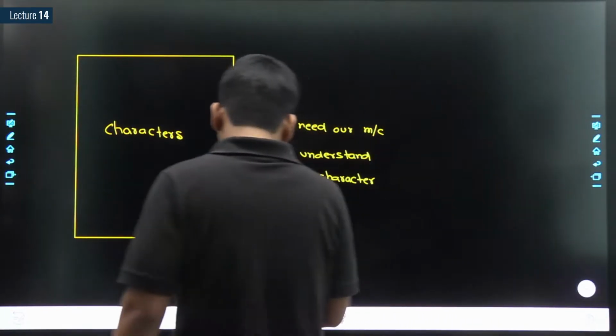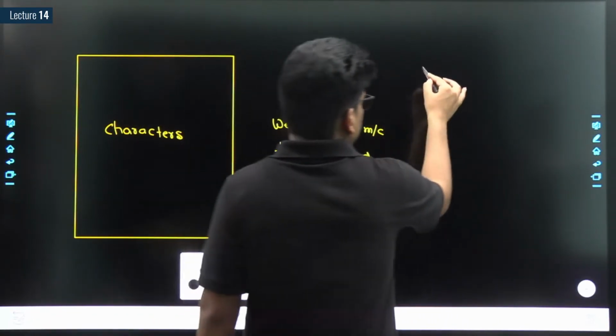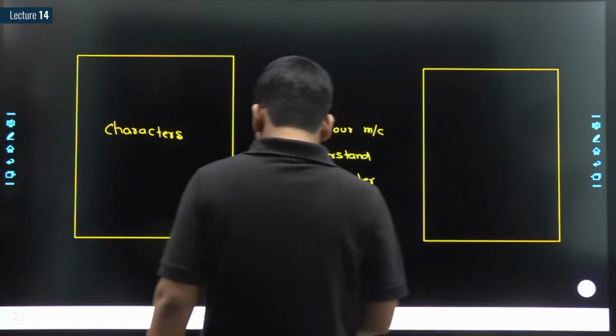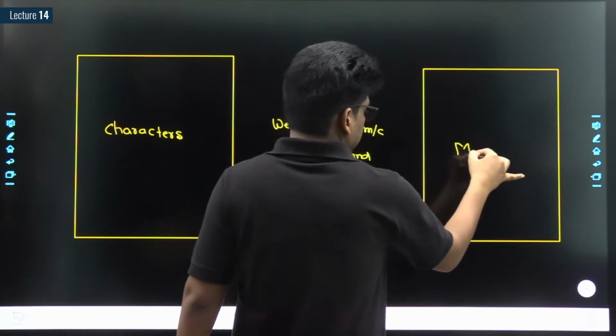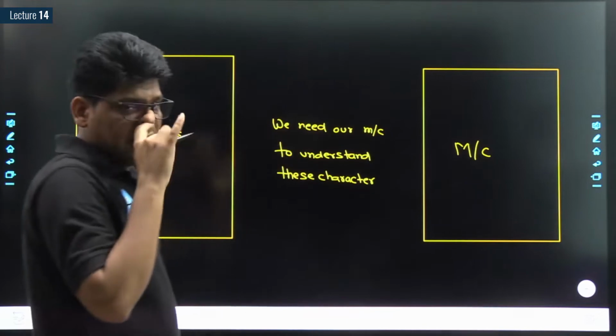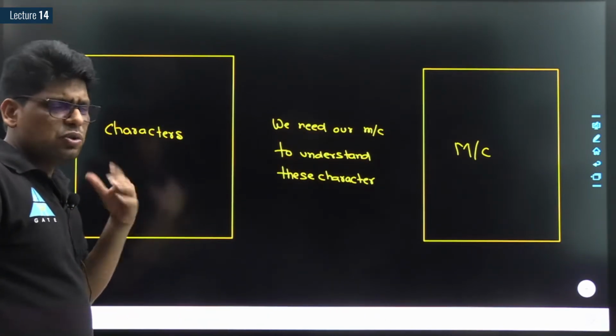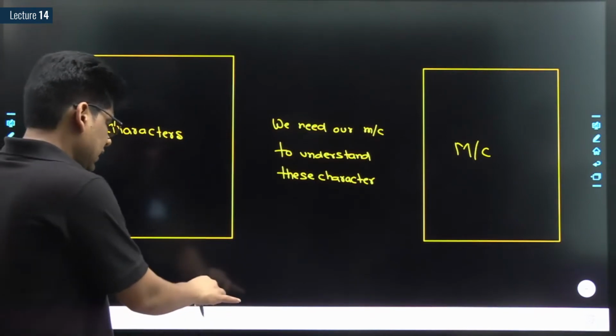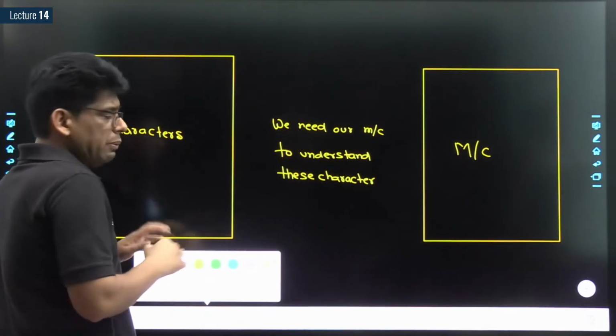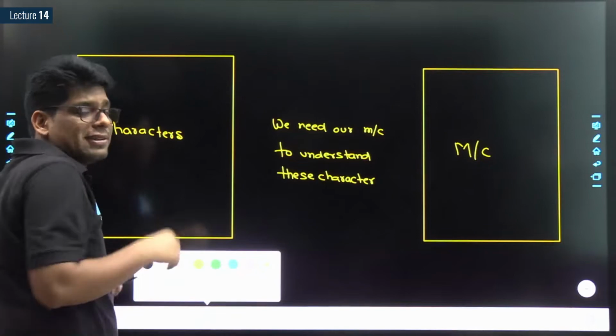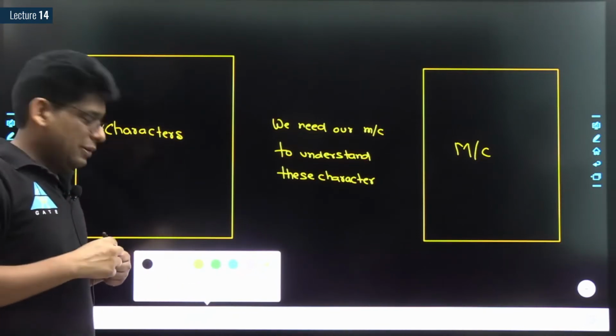This is our machine, and these are characters. This could be Malayalam, English, or any language. If I want to communicate with the computer through this language, because who is here?